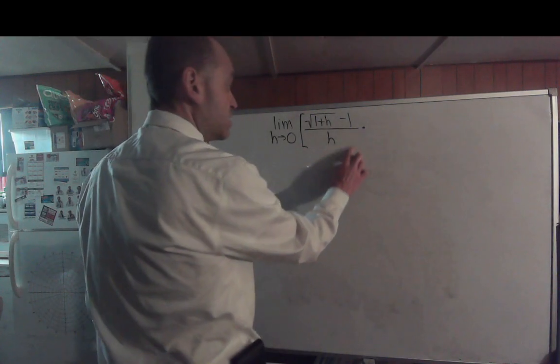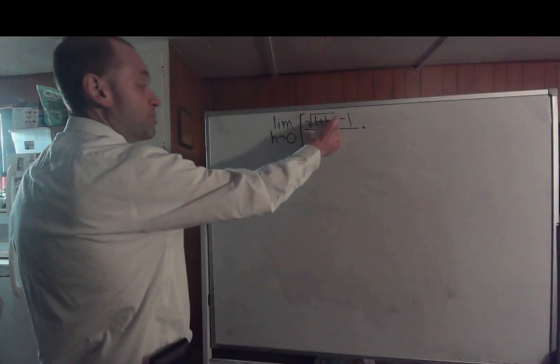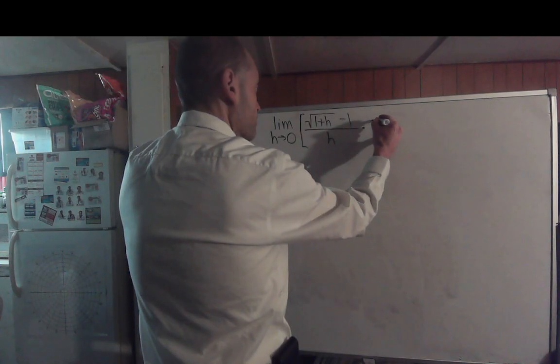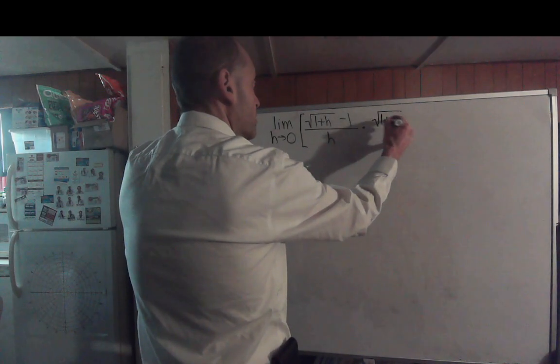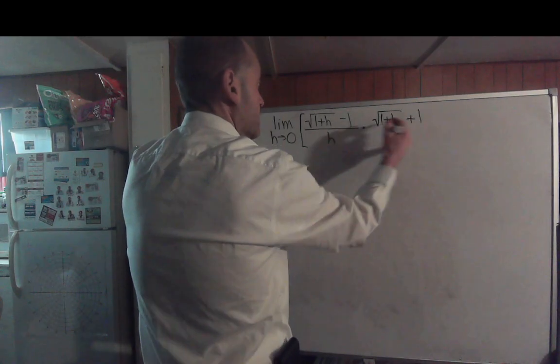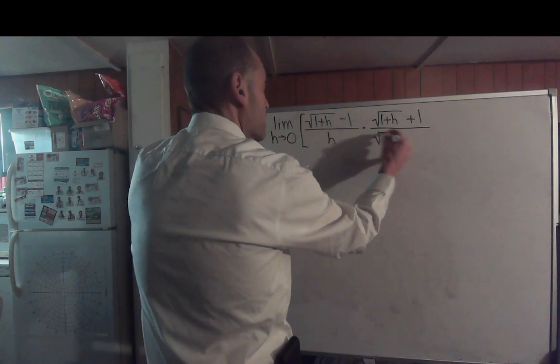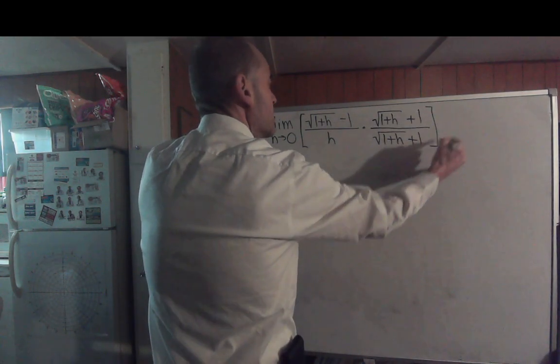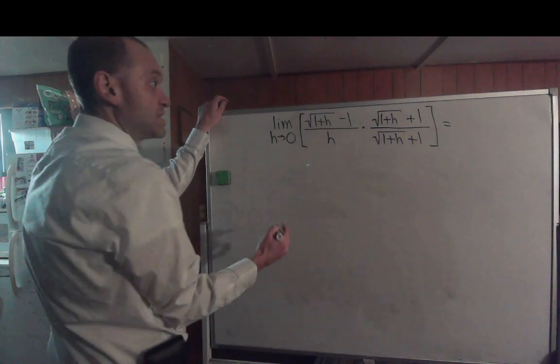So let's multiply numerator and denominator by the conjugate of this radical expression. The conjugate will be the square root of 1 plus h plus 1, all over the square root of 1 plus h plus 1. Well, let's see what we get here.